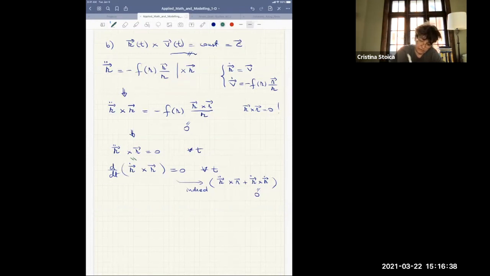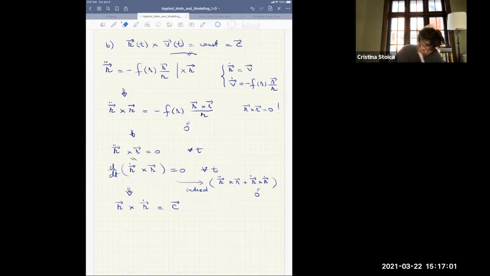So this means that now I can switch this the other way around. If it's 0, it's 0 both sides, right? So we have that r cross r dot is a constant vector for any t. What constant vector?